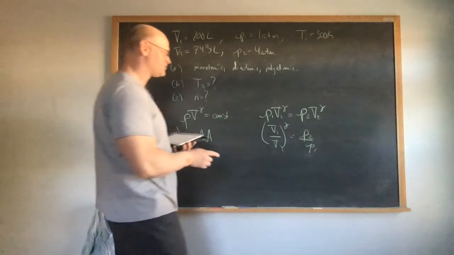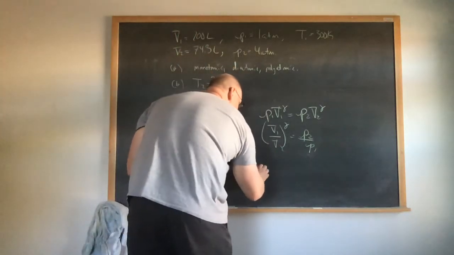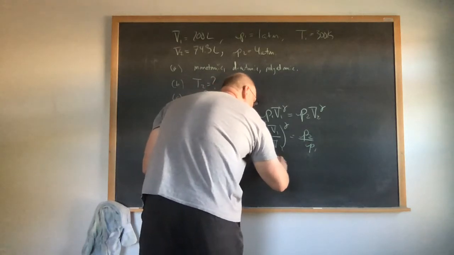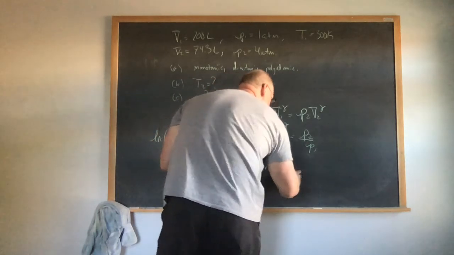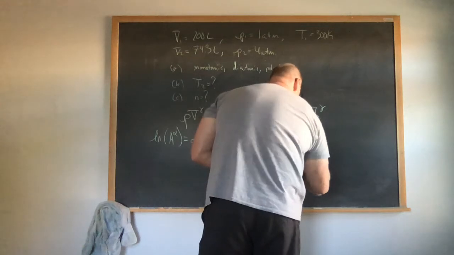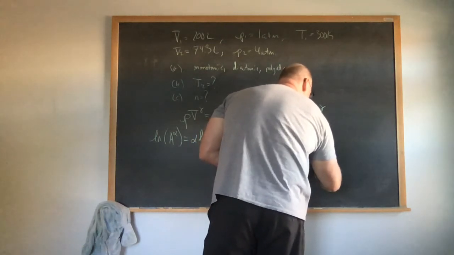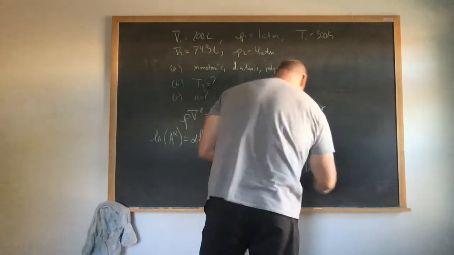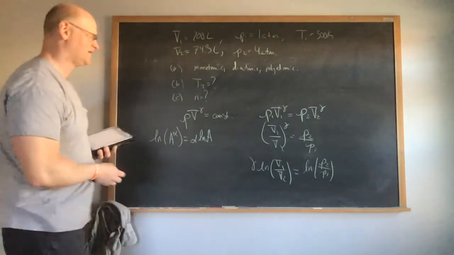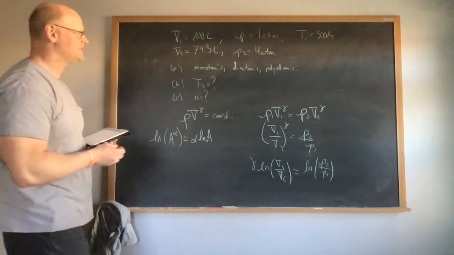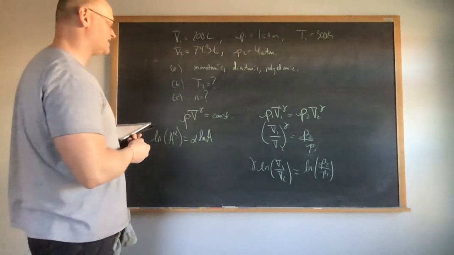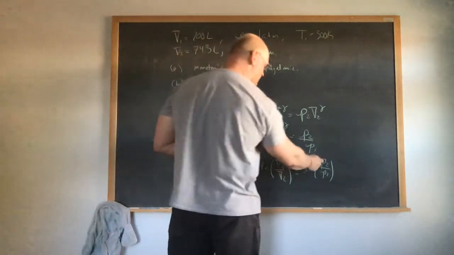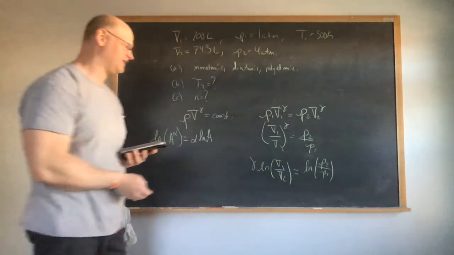In this case, if I take a natural log of both sides, this is the same thing as gamma times the natural log of the ratio of the volumes being equal to the natural log of the ratio of the pressures. From here, gamma is equal to the natural log of the pressures divided by the natural log of the volumes.